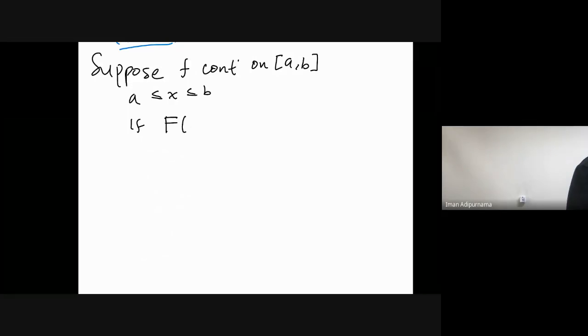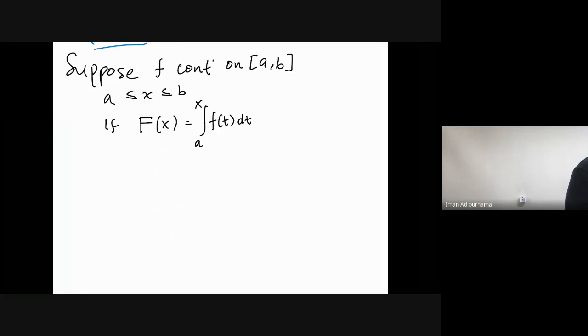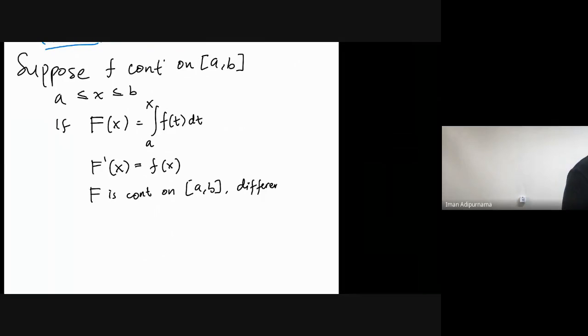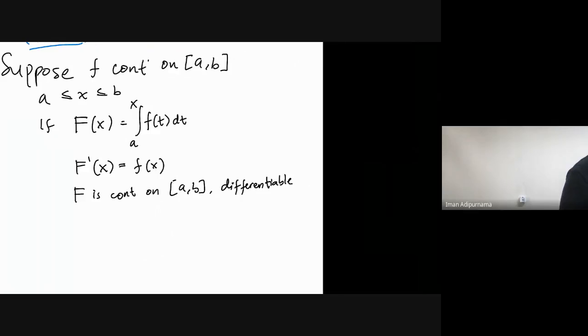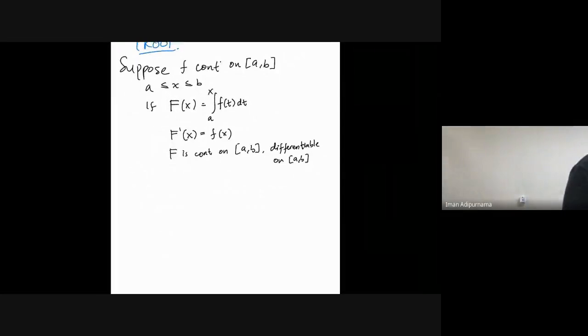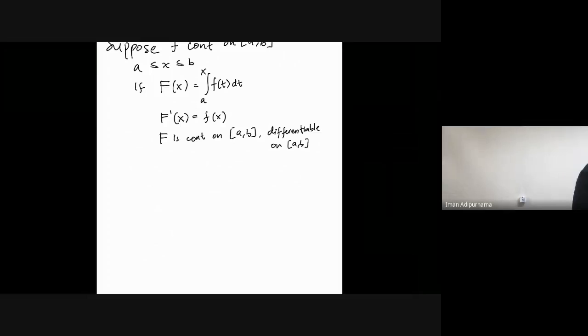So if the big F is defined like this, then F prime of x is f(x), and F is continuous on [a, b] and differentiable on (a, b). Okay, this is just the first statement. Actually, the proving is the second one.